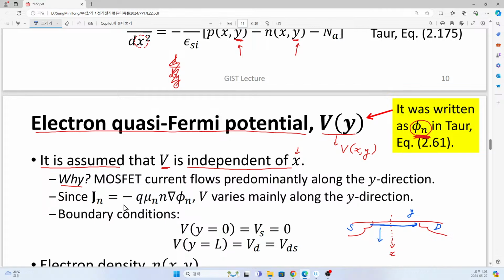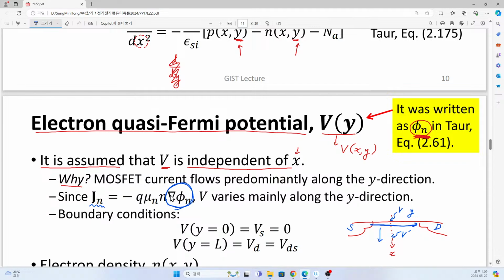Since the electron current is proportional to the gradient of the electron quasi-Fermi potential, if we had variation along this x direction, for example, a certain value V and a different value V prime, then there would be a difference and there would be vertical current conduction.